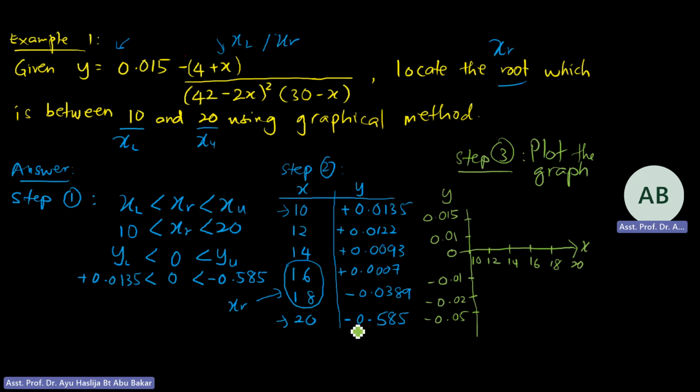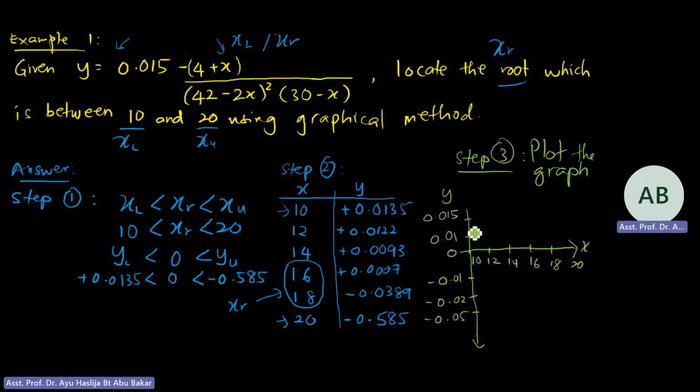The largest is at X 20, negative 0.58. Okay, so it will go down further. Now, try to plot the graph. At X equals to 10, it is 0.0135.